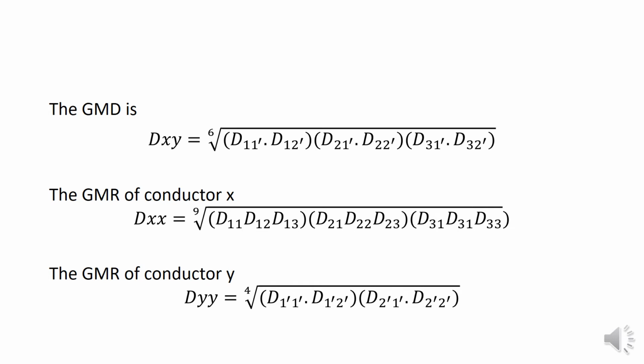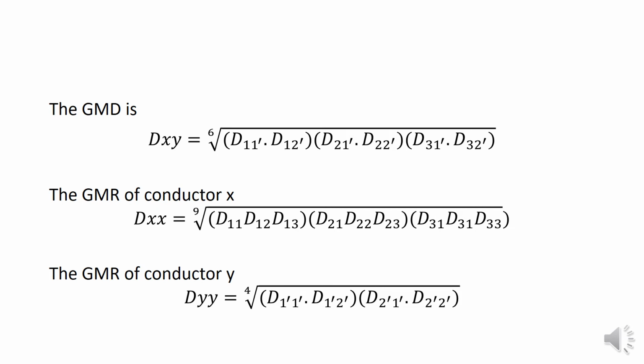Okay, D31, distance between third one and first one, which is equal to D13. Then D32, right? So this should be changed as D32. D32, distance between third one and second one, which is equal to D23. Okay, then D33 again same as D11, D22. Here we have D33. So I'll tell you how to find that D33 also, right?